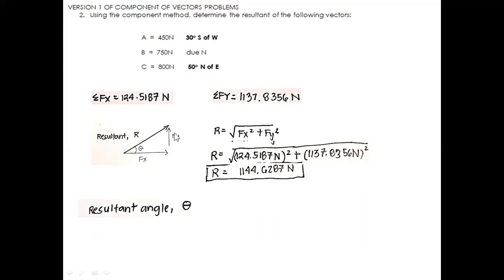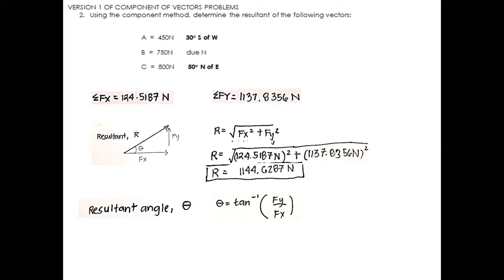Now to determine the resultant angle theta, we're going to use the tangent function. Tangent of theta is equal to our opposite force, which is the summation of Fy, all over the adjacent, the summation of Fx. To bring out theta, we use the inverse tangent function on both sides of the equation.